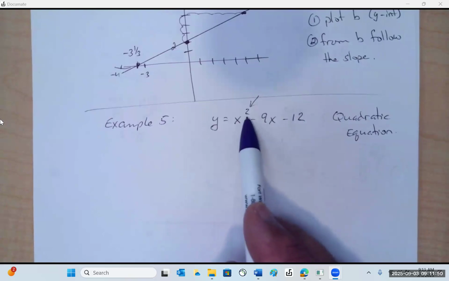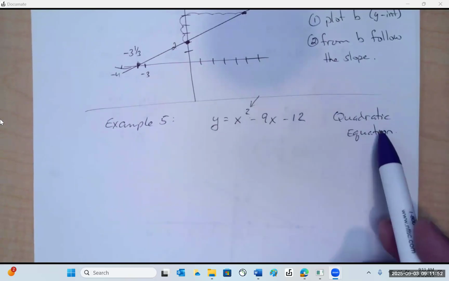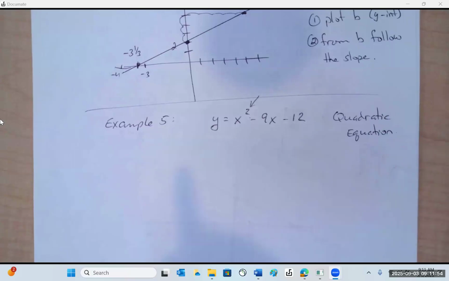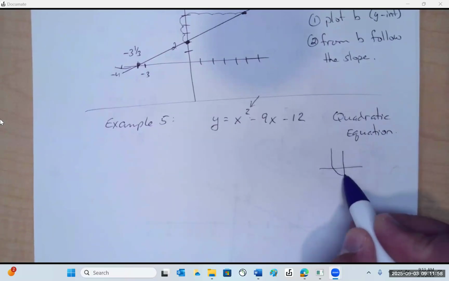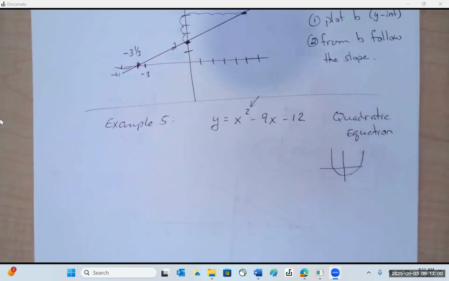Because the biggest exponent is 2, we know it's not linear. Because it's 2, we know the graph will look something like this. It's going to have that basic shape.